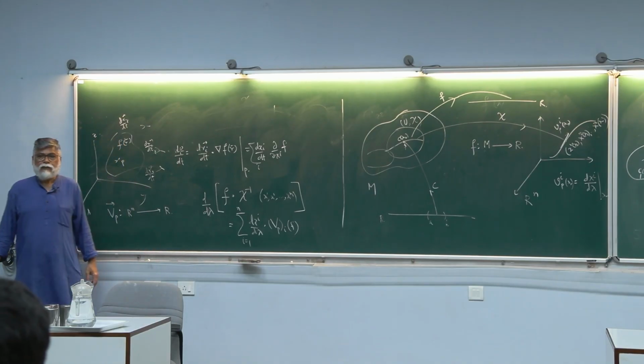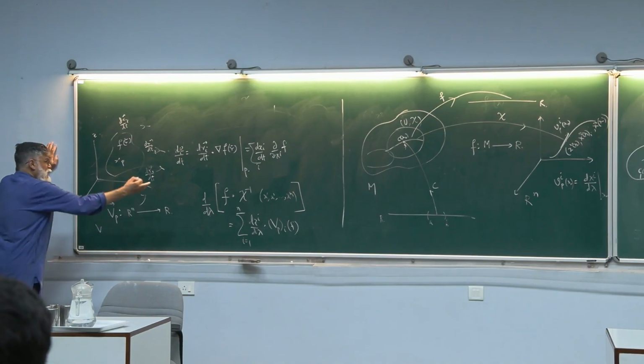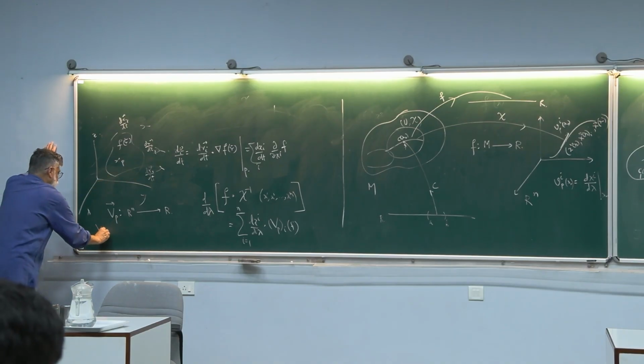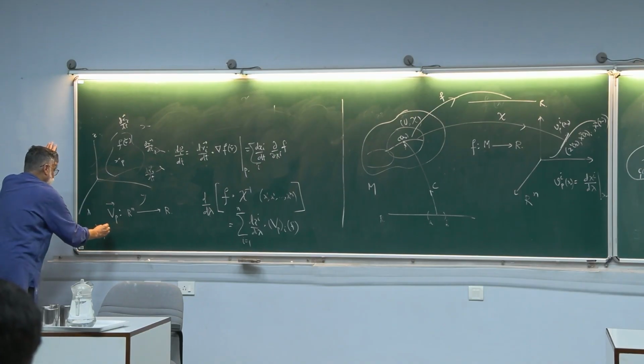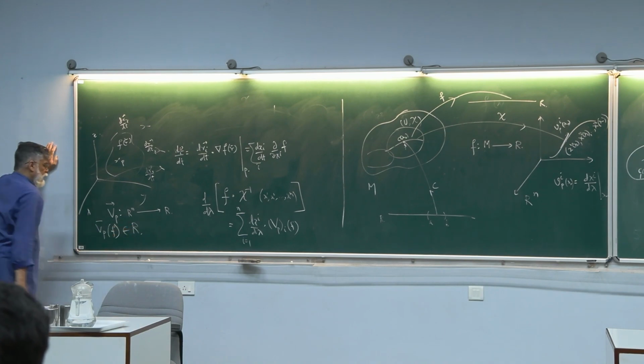V of P, chi is after all chart dependent, so it should happen for all charts. V acts on the function f, and after acting, what is it? It is a real number.